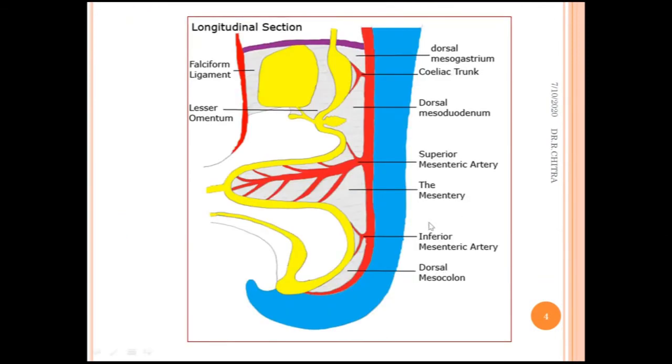The foregut segment up to the hepatopancreatic ampulla has the ventral mesogastrium, so it will form part of the lesser omentum. That's why the first part of the duodenum has the lesser omentum attached. And the dorsal wall of the duodenum is attached to the dorsal mesoduodenum.